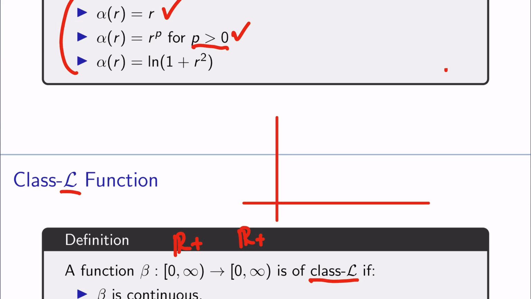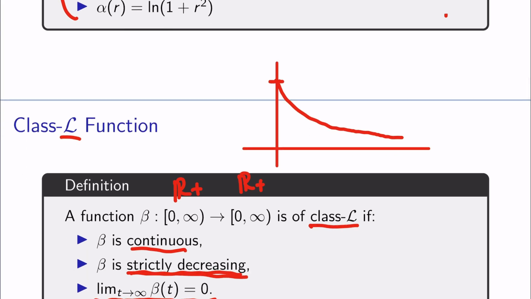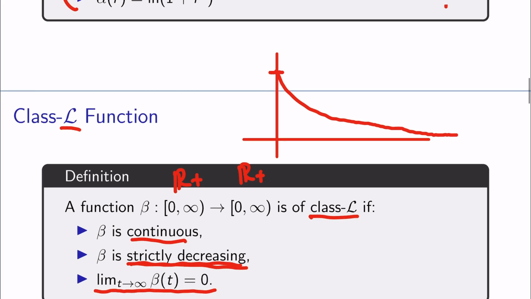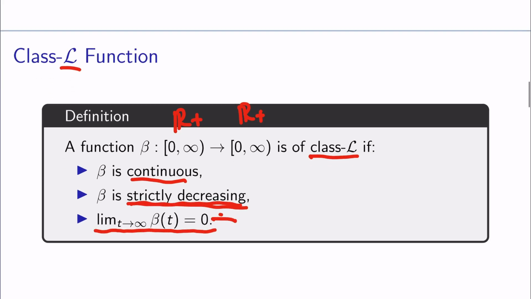We are expecting some type of function that needs to start somewhere, but as t goes to infinity, it needs to go to 0, right? That is it. So we are expecting not necessarily exponential decay, but some type of decay that would reach 0 as t goes to infinity.